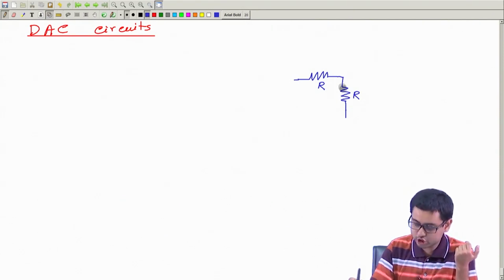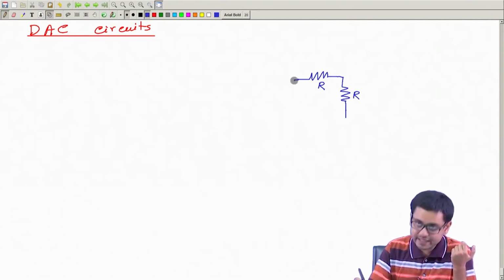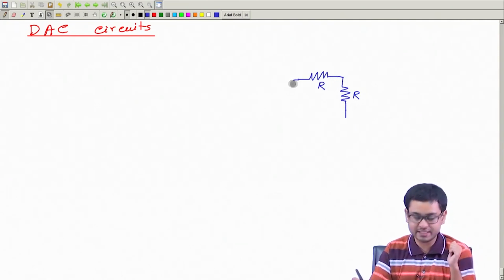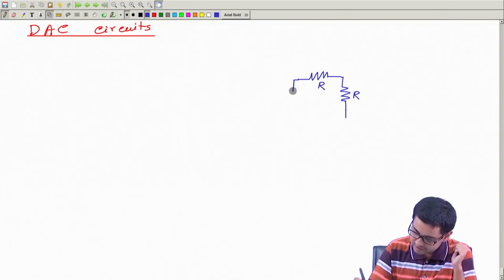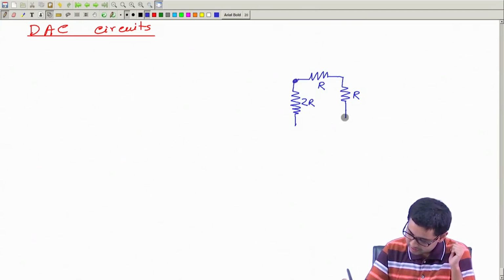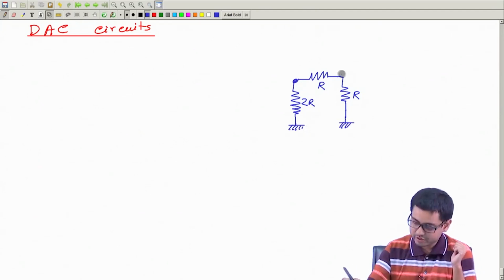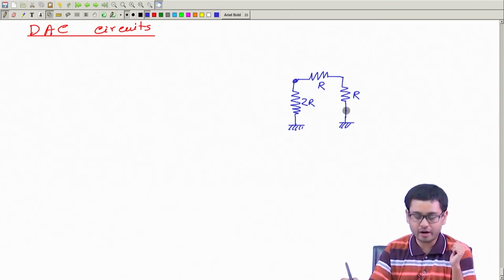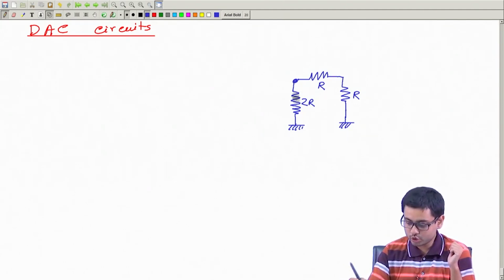Since this is 2R, I will connect another 2R resistance in parallel. This is 2R.